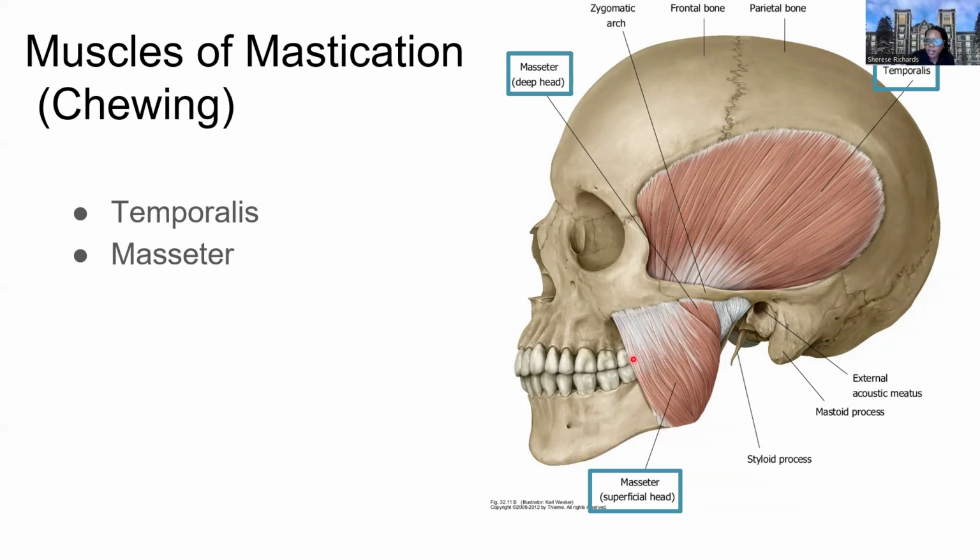And then the masseter is also going to be found laterally, but more so along the zygomatic and the mandibular bones, right? Connected from the zygomatic to the mandibular and the jaw region. So when we think about the location of these muscles, they help to open and close the jaw, which is really important in chewing.